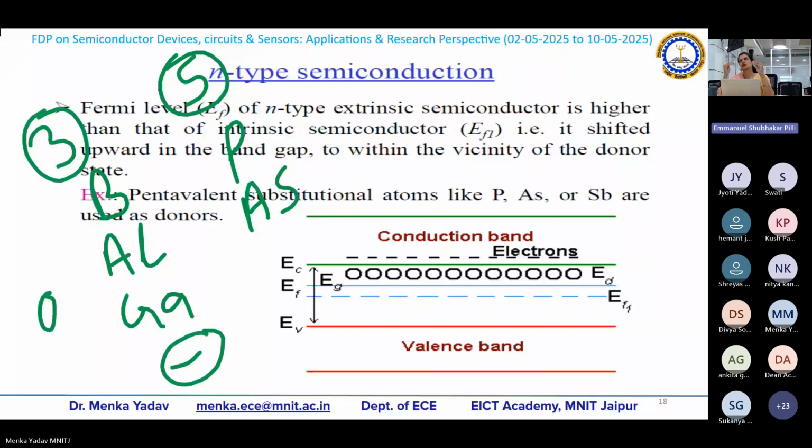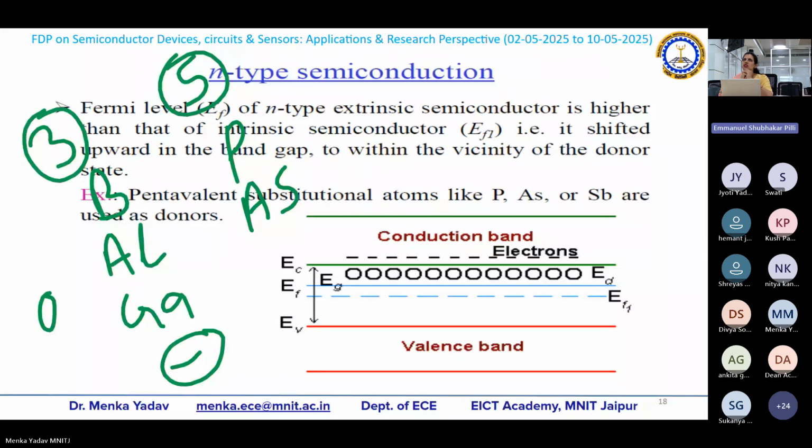Once it reaches the conduction band, the mobility is going to increase. More mobile charge carriers are available to move freely across the conduction band, so that is contributing to the current flow, right? This band diagram is shown for the N-type semiconductor.